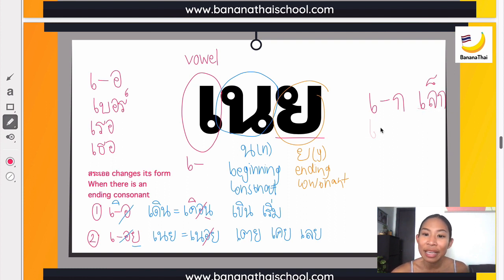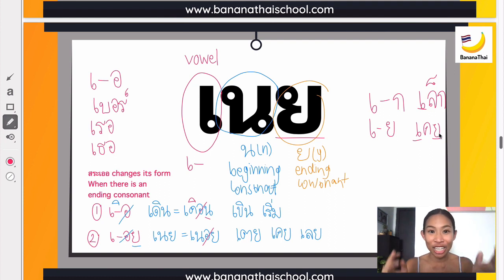But if it has a ยอยักษ์ ending like this, it is สระเออ, like the word เคย. So this is สระเอ, and this is สระเออ because of the ยอยักษ์ ending. And that's it for the word butter in Thai. An easy, simple word that is actually not easy to read and write.